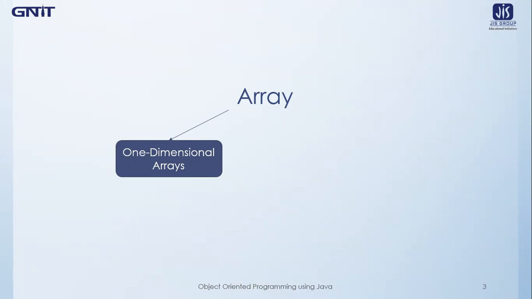To create an array, you must first create an array variable of the desired type. Now, let's look at some examples to see how the one-dimensional arrays are declared and how the memory allocation is being done in case of one-dimensional arrays in Java.